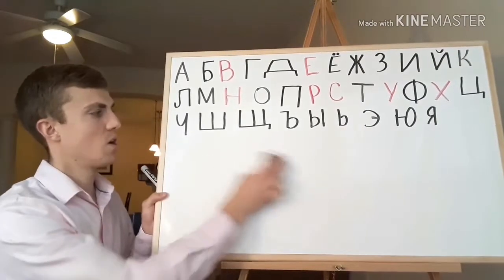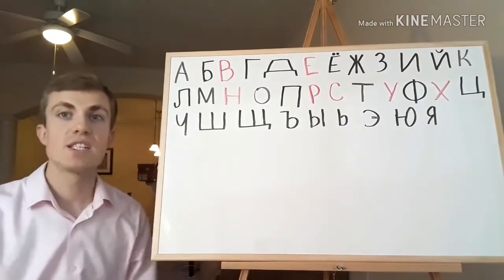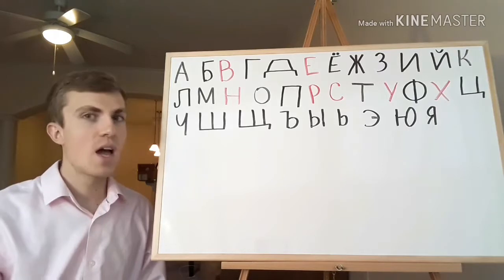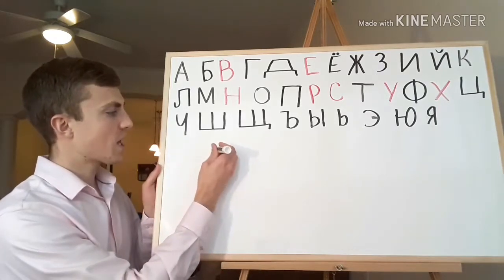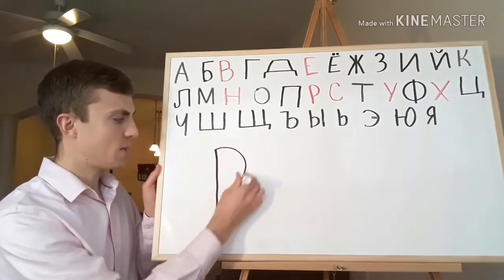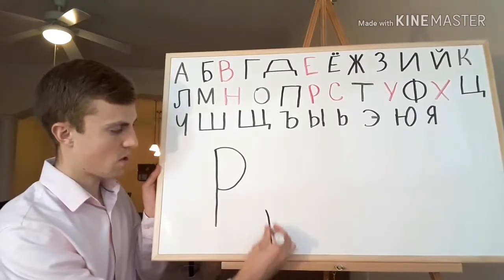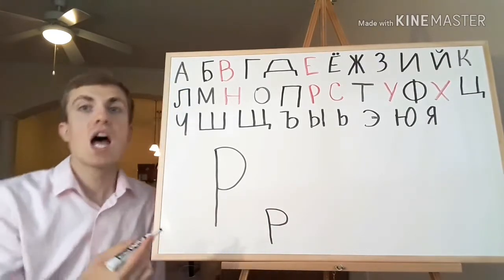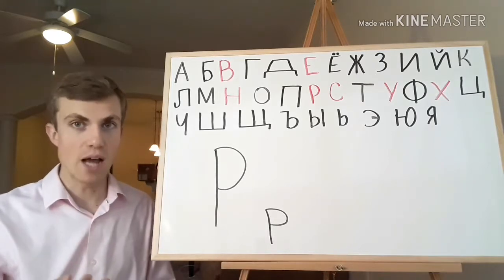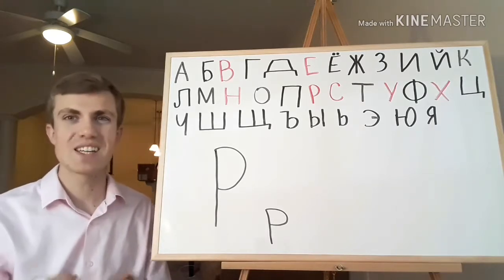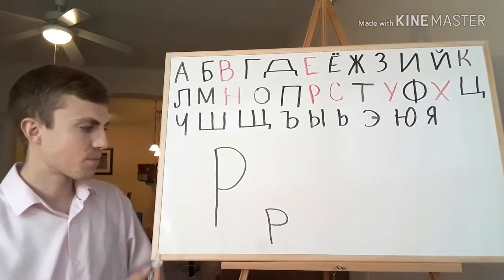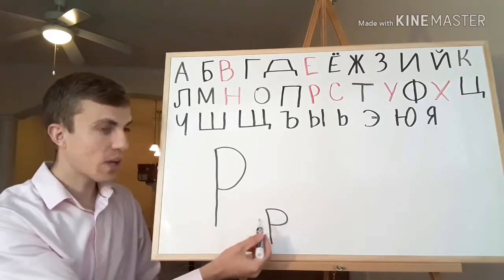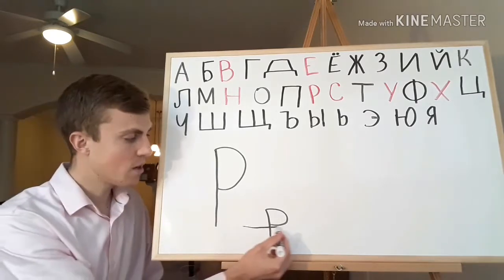And now the next false friend is the letter R. And R is written like this when typed and printed. As you can see, it looks like an English P. However, it makes the R sound, sort of like R, or like a Spanish R. And now, the lowercase, it dips below the line.